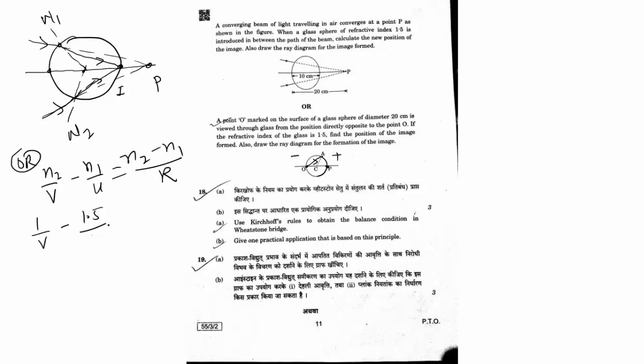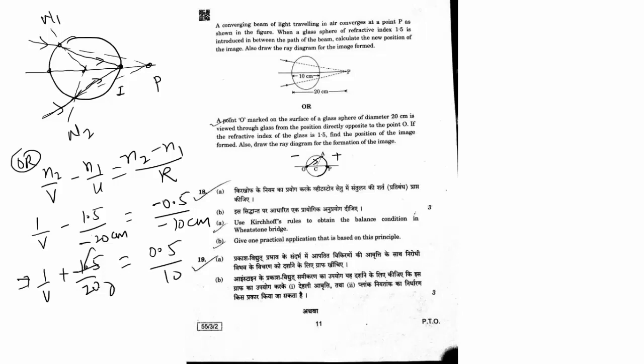So our object distance is negative, and it is equal to diameter, minus 20 centimeter, is equal to N2 minus N1, that is minus 0.5, upon R. R for a concave part is negative, minus 10 centimeter. So it can be written as plus 1.5 upon 20 is equal to 0.5 upon 10, which can be written as 3 by 40, and it can be written as 1 by 20.